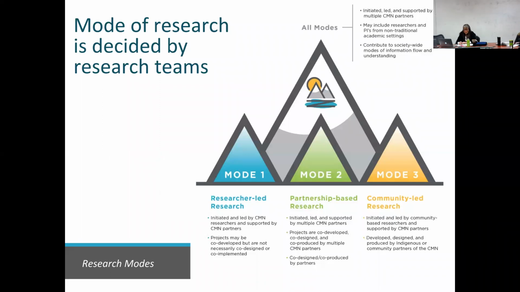Okay, so there are 3 modes that have been decided by the research teams, and the first one is mode 1. The CMN aims to support the sustainability of mountain spaces and the communities who inhabit them to advance research. I'm just going to read from what I have here. And also mode 1 is inclusive of, or all the modes are inclusive of, co-design.